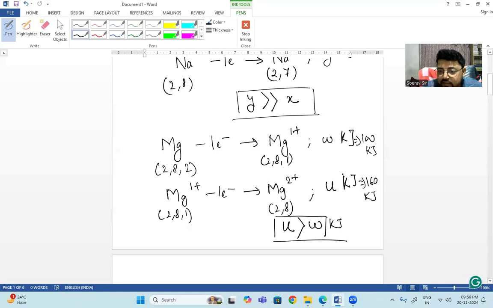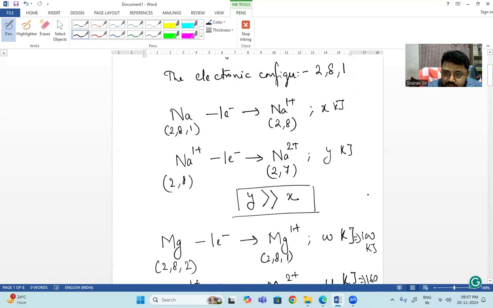So yes, the second ionization energy is more than the first. But if you see the magnitude, for releasing one electron the atom of magnesium requires 100 kilojoules of energy per mole, but the second ionization energy requires only 160. That means only 60 kilojoules of energy more.